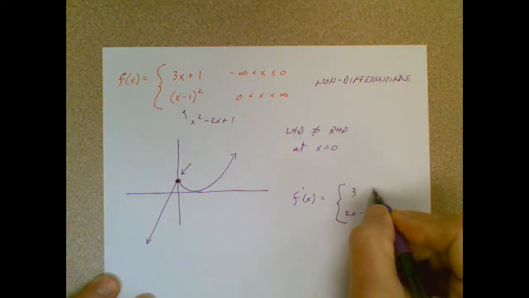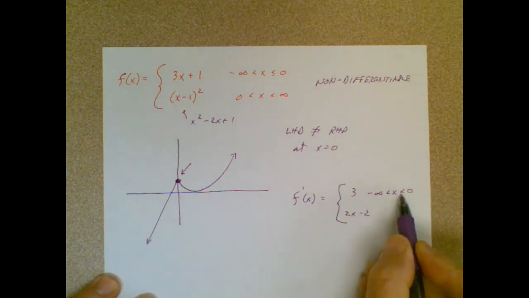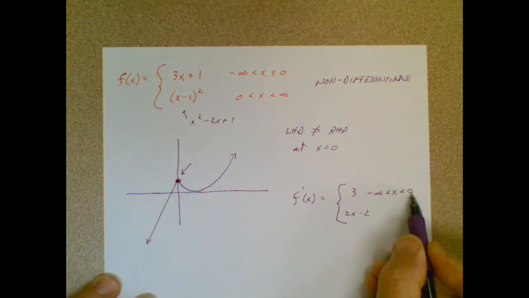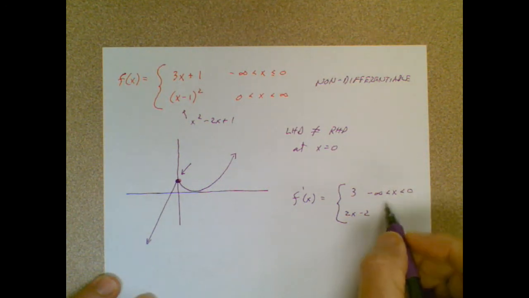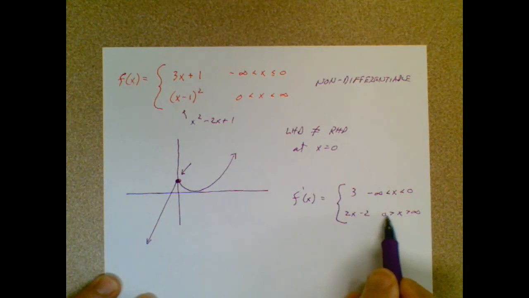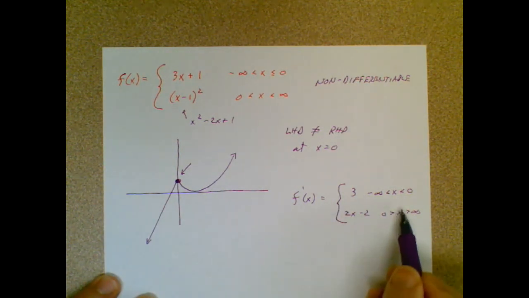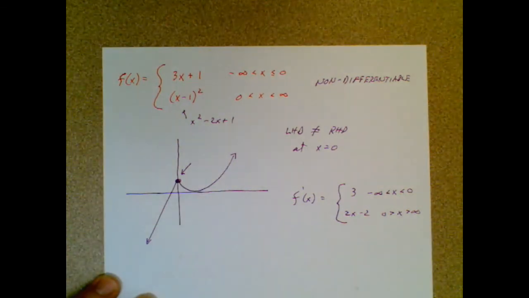So I would say this occurs for x from negative infinity to less than 0. I cannot include 0 there. And for this, I can say x greater than 0. But notice I don't include 0. My derivative never includes 0 in this case, because that's a non-differentiable point.